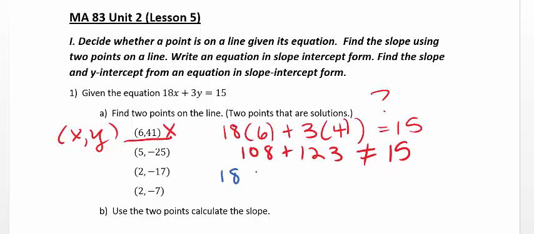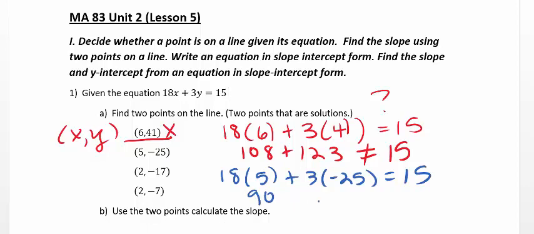We do that by plugging in 5 in place of x, and then negative 25 in place of y in the equation. 18 times 5 is 90, and then 3 times negative 25 is negative 75, and 90 minus 75 is 15, so this one works. This point is on the line.